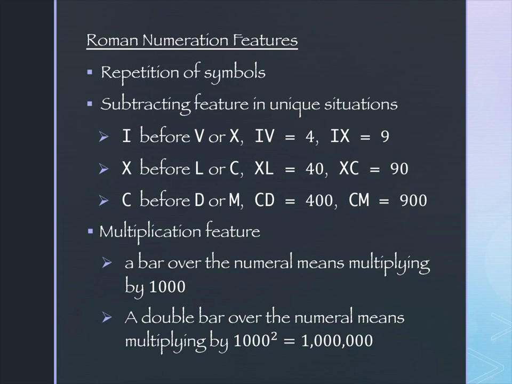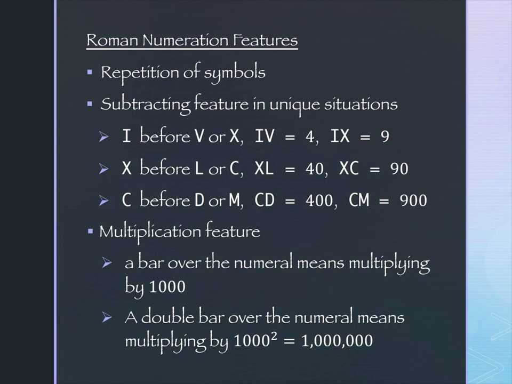Well, if I had the number 4, I'd actually have to do 4 symbols, right? But they don't do more than 3 symbols. Same thing if I had the number 9, if I was allowed, it would have a 5, that's the V, and I'd have 4 1s. But I can't have 4 1s. I'm not allowed to repeat things that many times. So they have the subtraction feature.